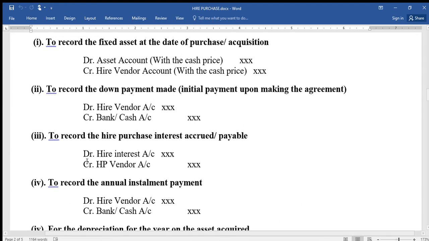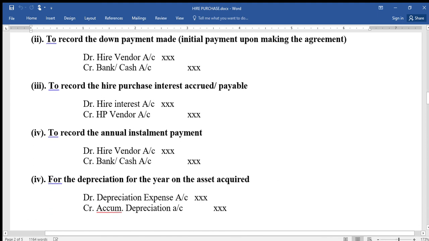It increases the money that he is demanding from us. So the creditor is increasing, and the creditor increases by crediting. So we credit the hire vendor's account, and we debit the hire purchase interest account.